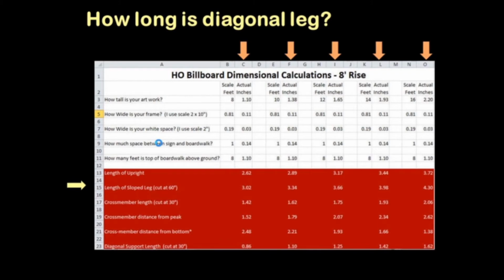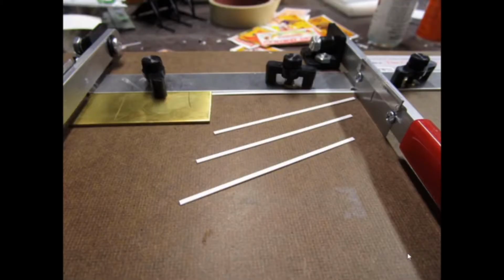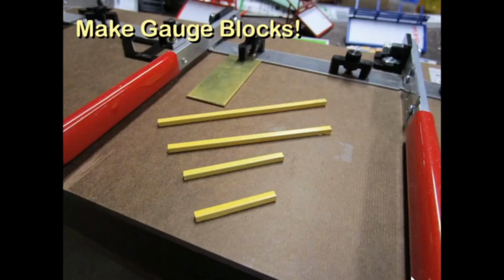If you decide to make your legs shorter or longer, alter them accordingly. The spreadsheet also contains values for the length of the cross member, the diagonal support, and how far the cross member should be from the top or the bottom of the alignment fixture. Now that we know how long the leg should be, we can cut some styrene, right? Not so fast.